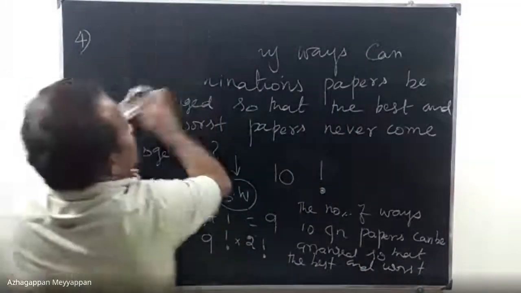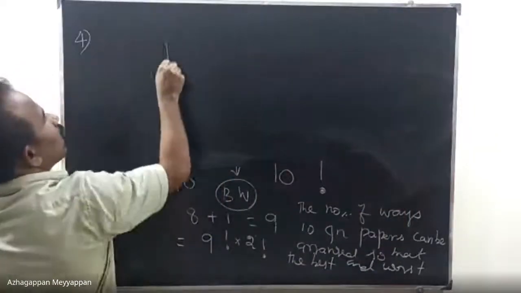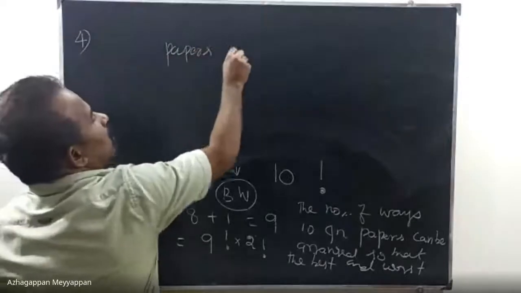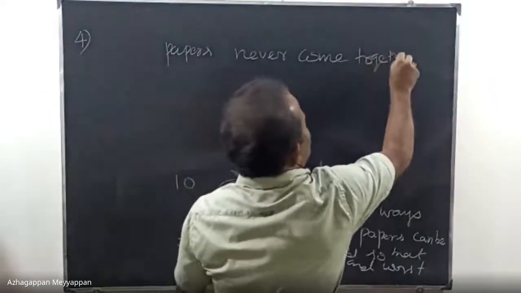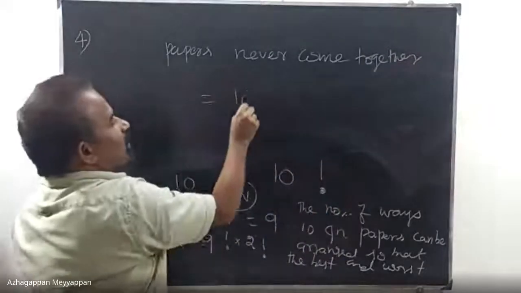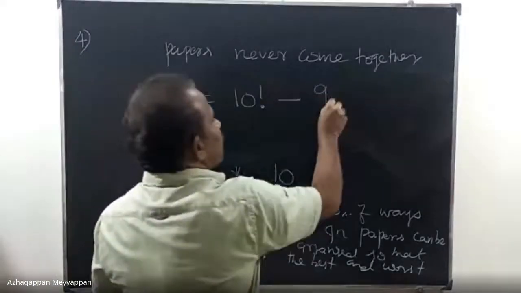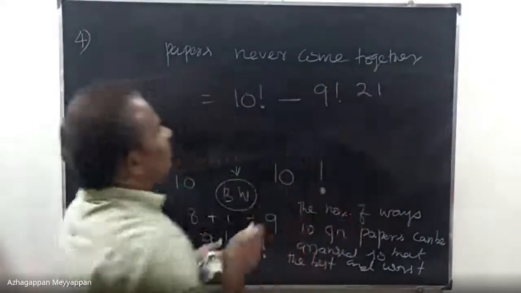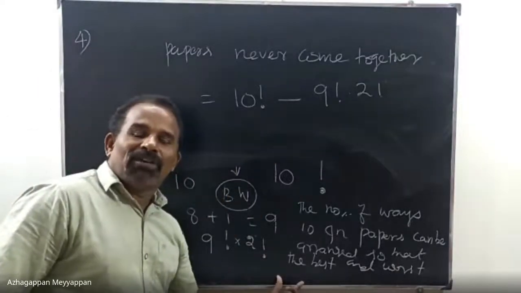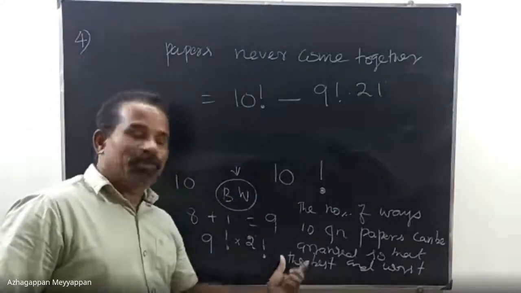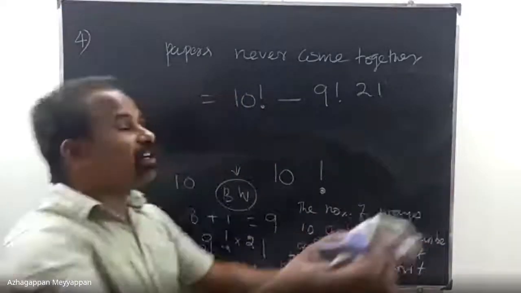Never come together is equal to 10 factorial minus come together, which is 9 factorial into 2 factorial. If you subtract it, you will be getting the number of ways the question papers can be arranged with the best and worst papers never coming together.